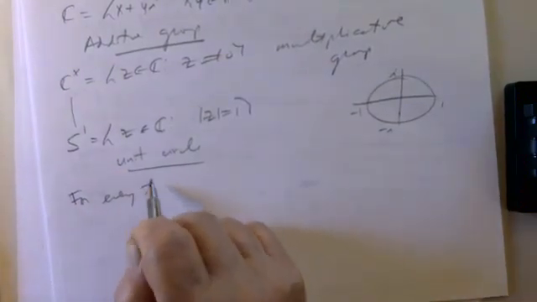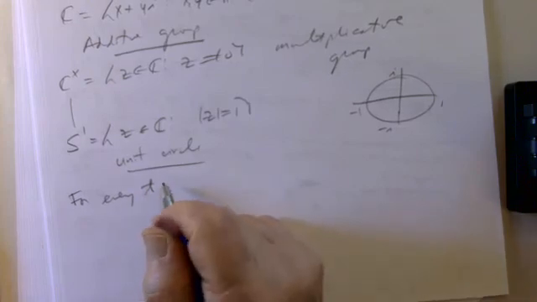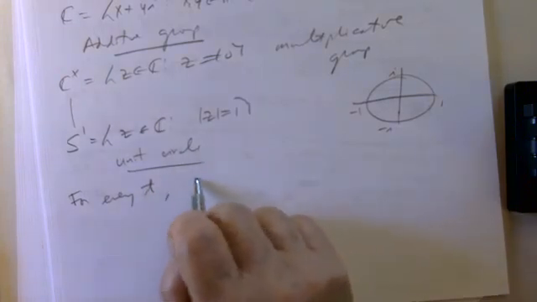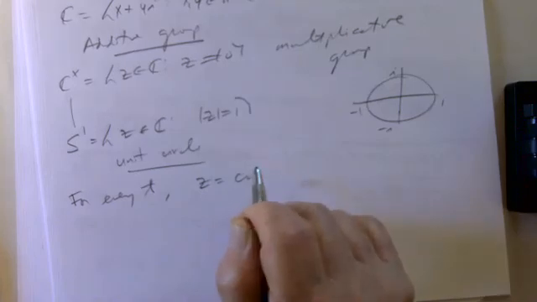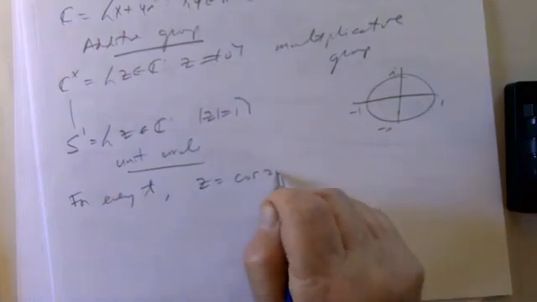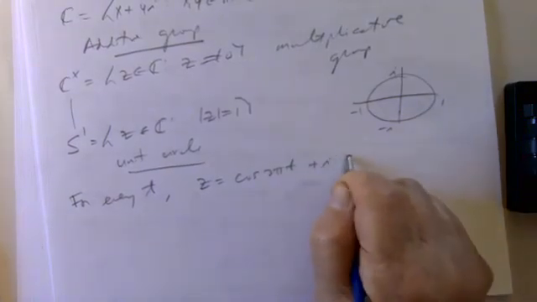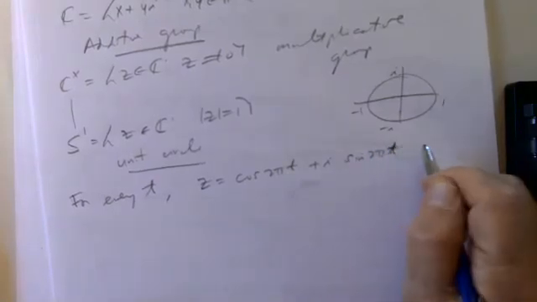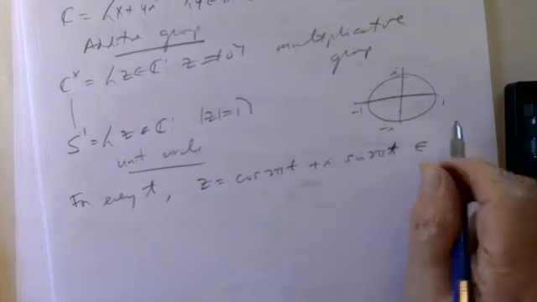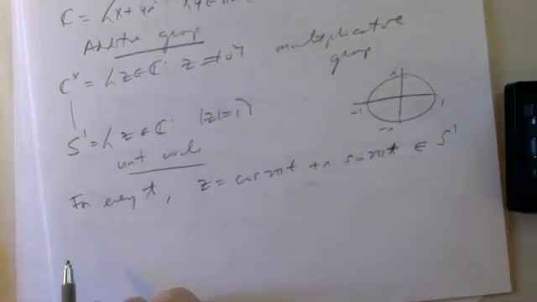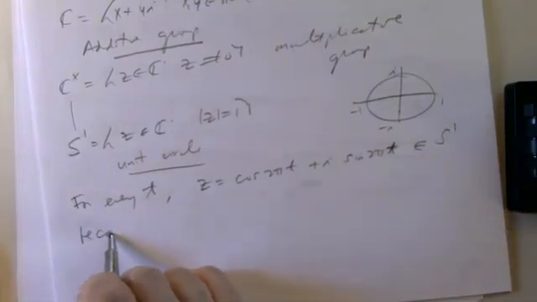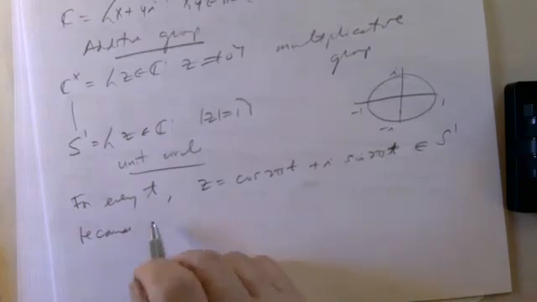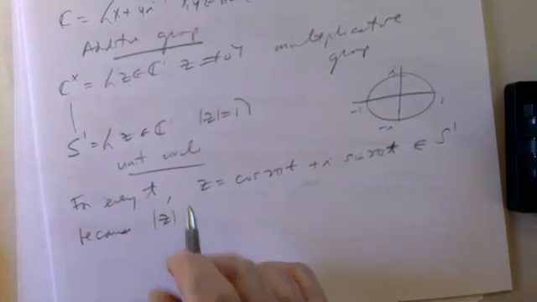It's all complex numbers of absolute value 1. For every t, the number cosine 2 pi t plus i sine of 2 pi t is an element on the unit circle. Why is that? Because what's the absolute value of a complex number?